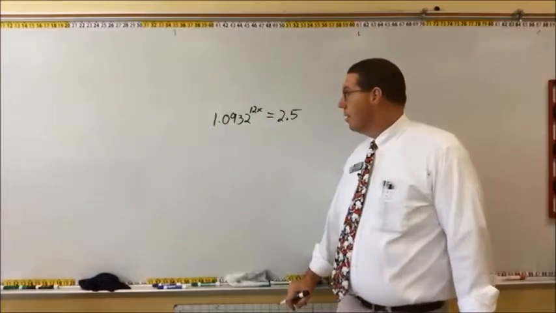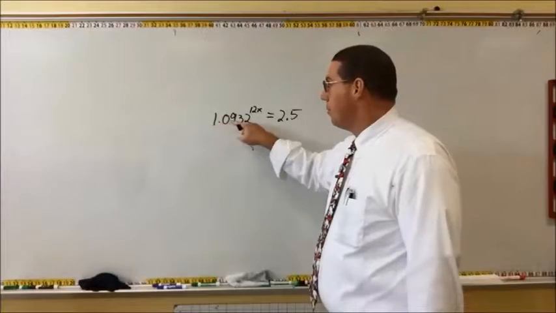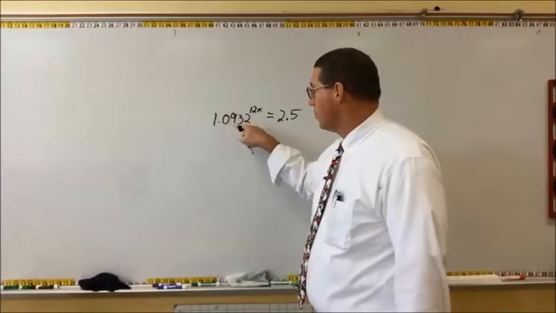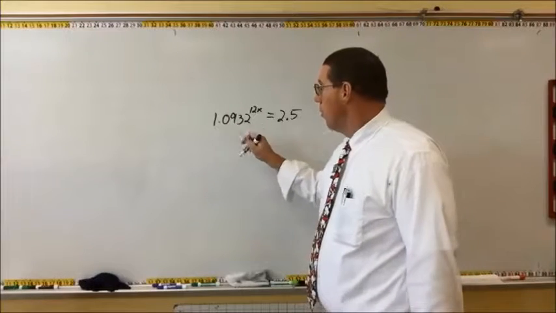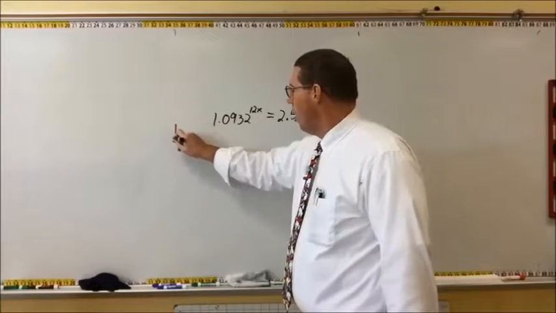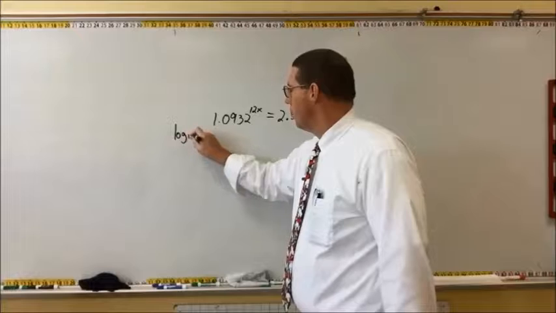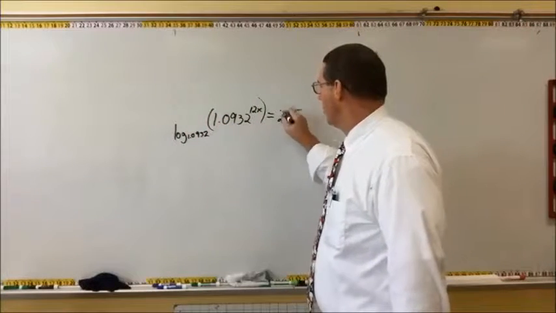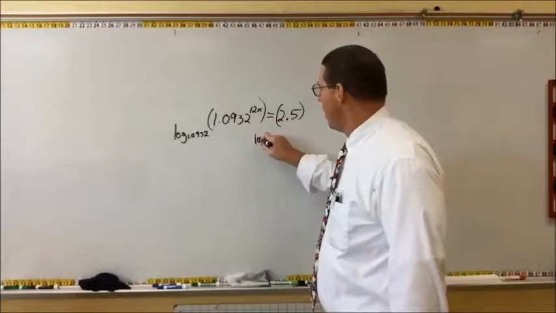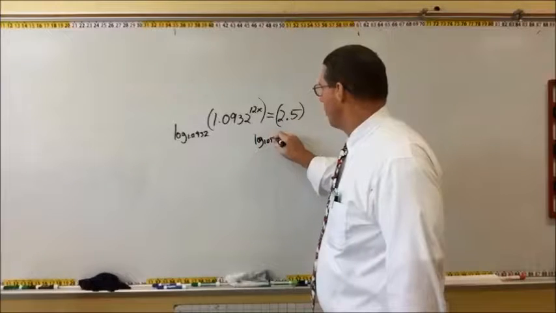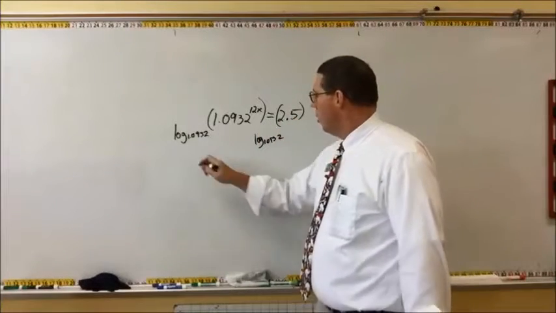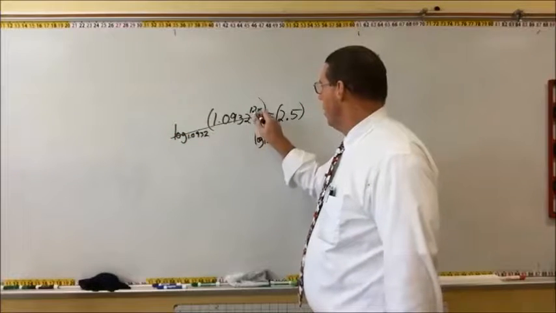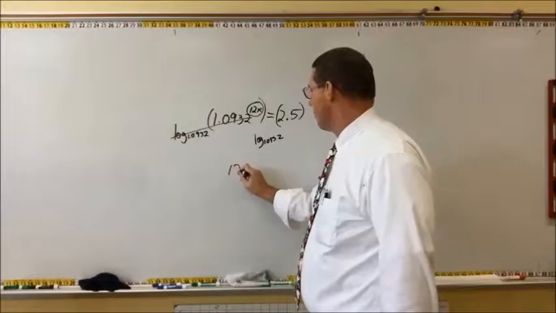All right, so let's see. We're not going to divide by 1.0932 because this is an exponential base. So what we're going to do is log base 1.0932 to this side, and log base 1.0932 to this side. Over here, this is going to cancel, and we're going to bring down 12x.